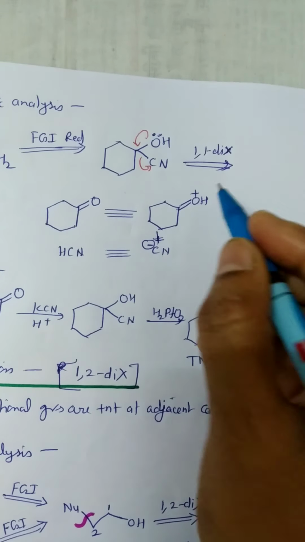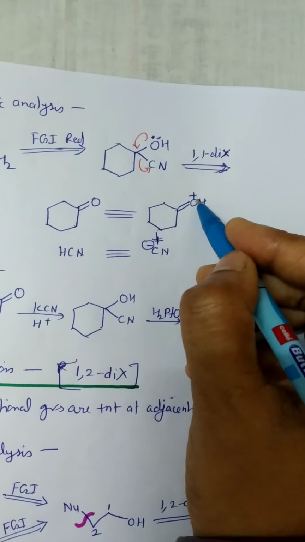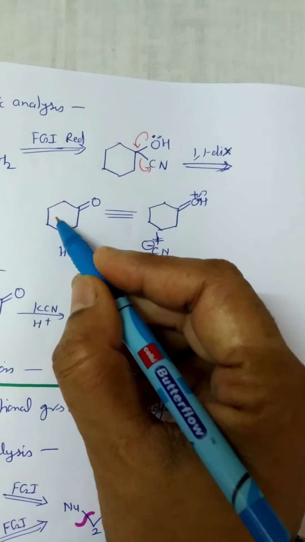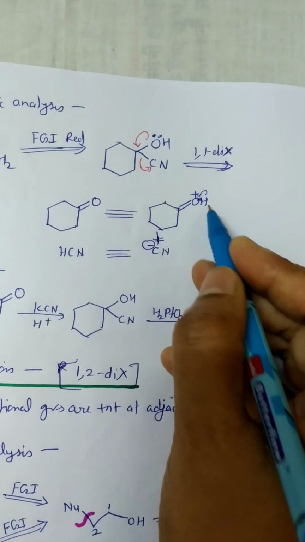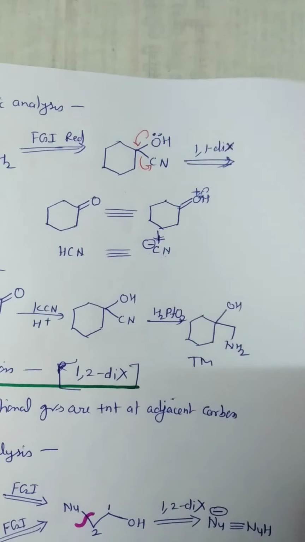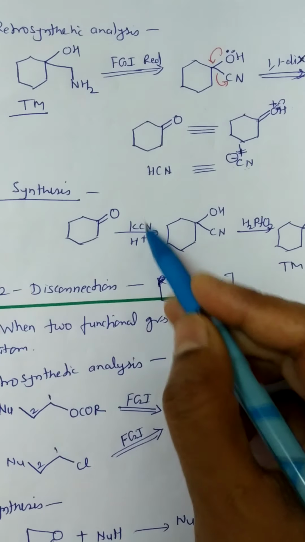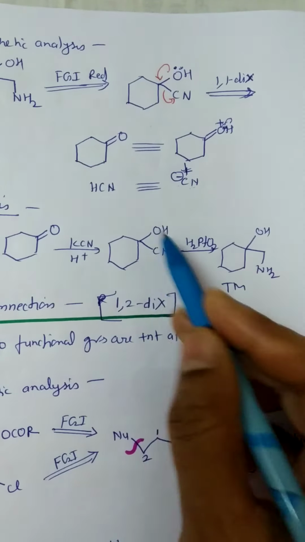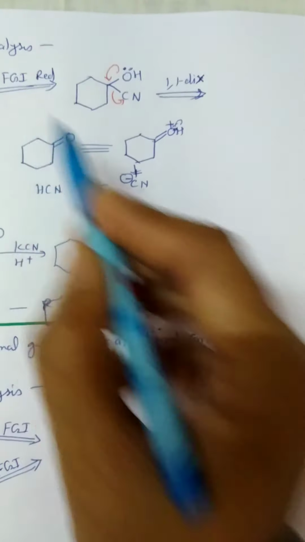Here OH plus is unstable, it removes one proton from here and forms cyclic ketone, and the removed proton H plus joins with CN minus and forms HCN. Now the synthesis: the cyclic ketone on reaction with KCN in presence of acid forms this addition compound, which on reduction gives the target molecule.